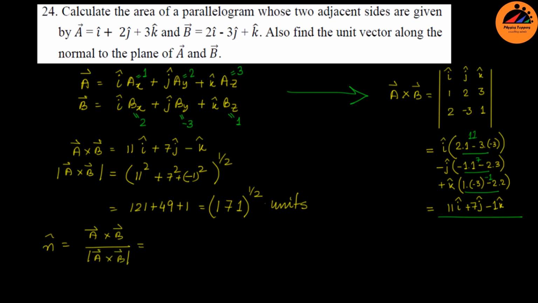So the magnitude of the vector is already found out. This is the vector. So let me write 11 i cap plus 7 j cap minus k cap divided by 171 to the power of half. And let me write a plus minus in front of it.